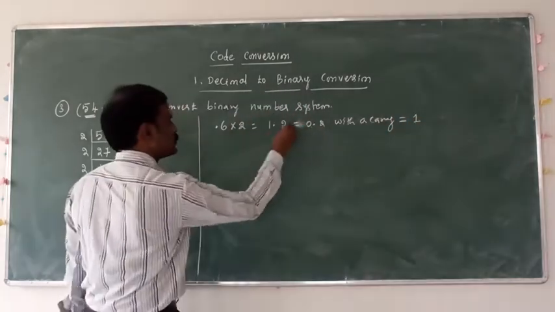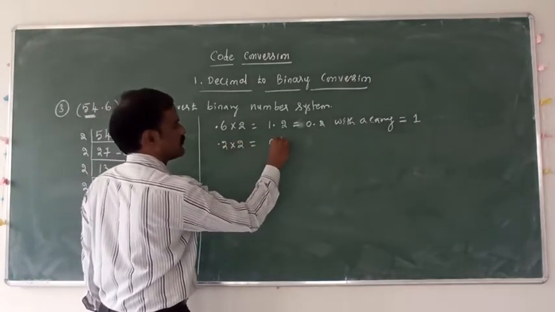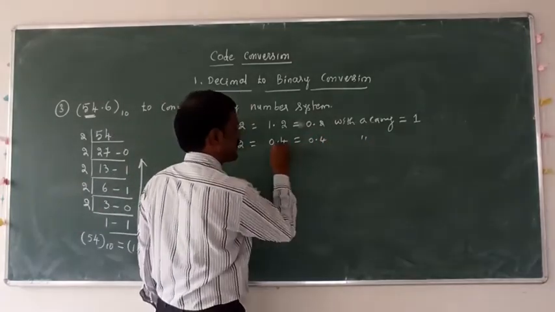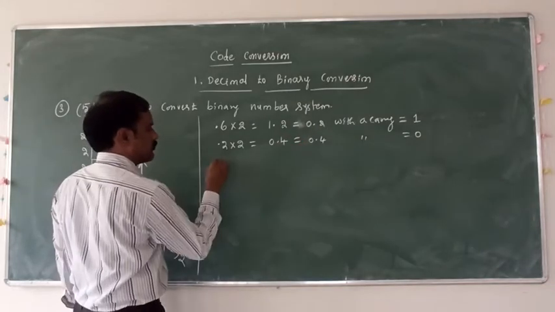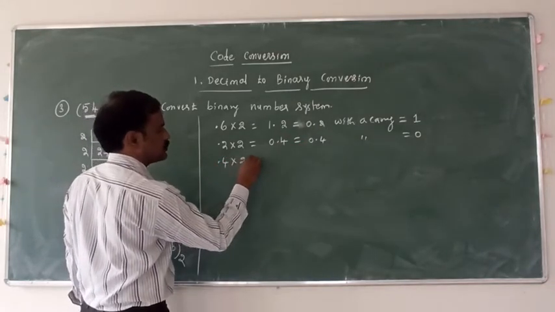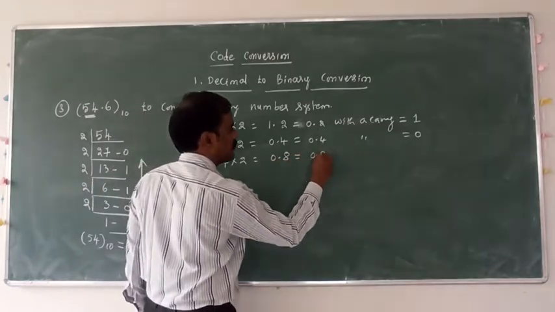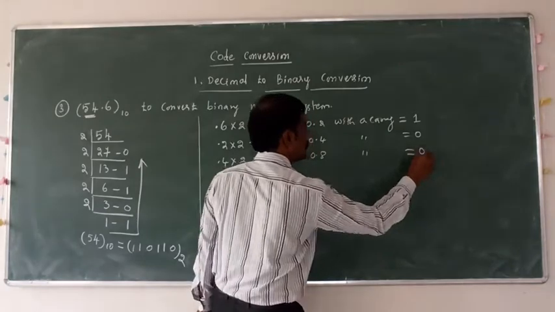Next 0.2 multiplied by 2 is 0.4. Now the result is 0.4 with a carry of 0. Next 0.4 multiplied by 2, the result is 0.8. We write the result 0.8 with a carry of 0.